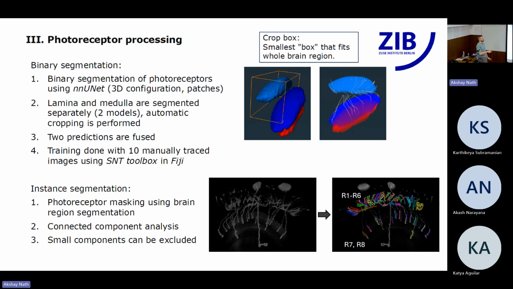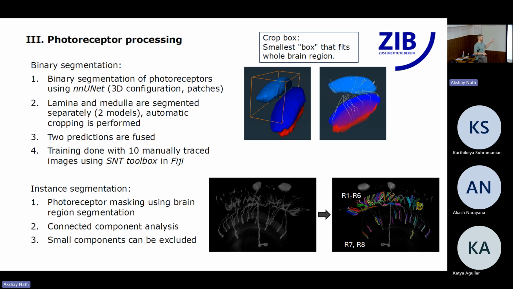Here you can see the result of this binary prediction overlaid with the brain regions: lamina and two parts of medulla. You can see white lines of R1 to R6 photoreceptors, which terminate in this area, and R7 and R8 photoreceptors, which extend through lamina down into medulla.